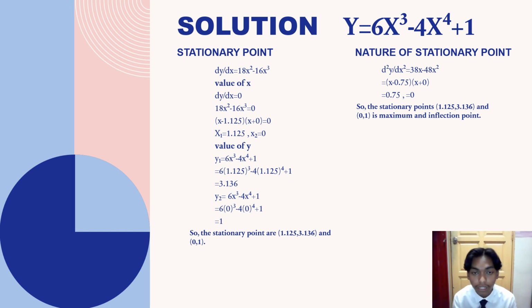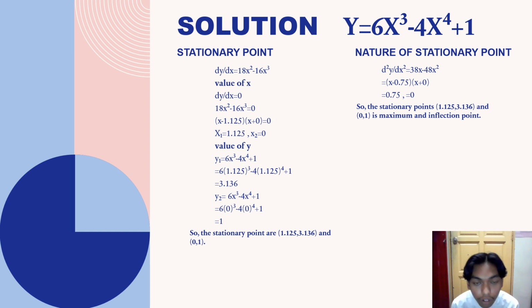Press EQN and find degree 3. So, we will see A. A we put 18 and B we put minus 16, and C we put 0 and D also 0. And the answer we will get is x1 equals 1.125 and x2 equals 0.